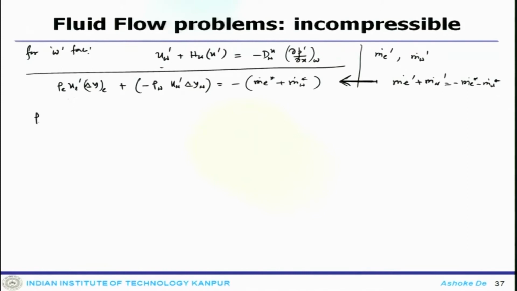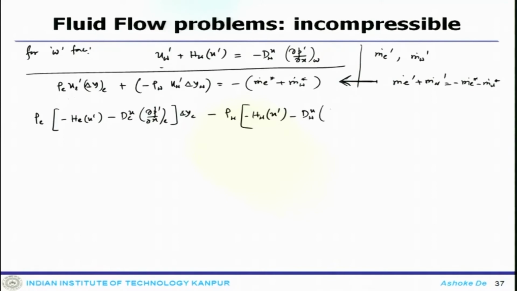What it gets you is rho u minus h_e u prime minus d_e u del p by del x at E delta y_e minus rho_w h_w u prime minus d_w u del p prime by del x at w, which is nothing but m dot E star plus m dot star w.